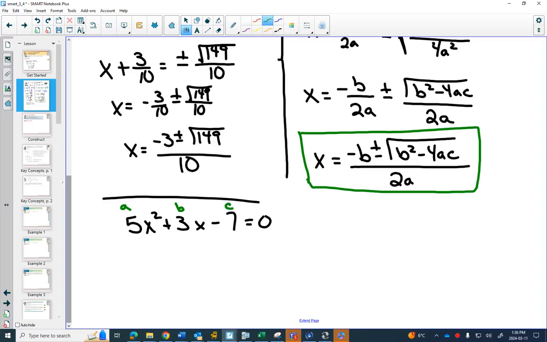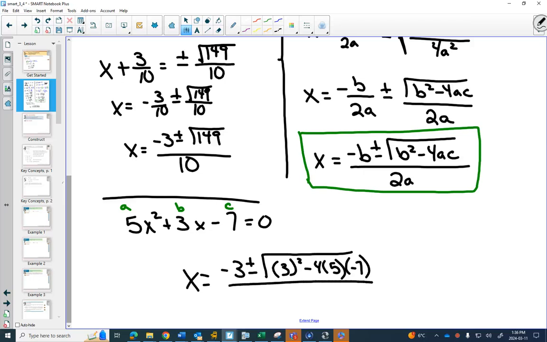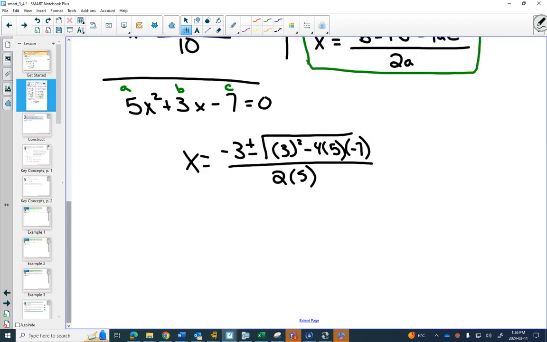So the answer is, directly from the formula, x would have to equal negative 3 plus or minus B squared, which would be 3 squared, minus 4, and A was 5, and C was minus 7, over 2 times A. And if I take this now and I simplify it, what do I get inside of my square root? 20 times 7 is 140.